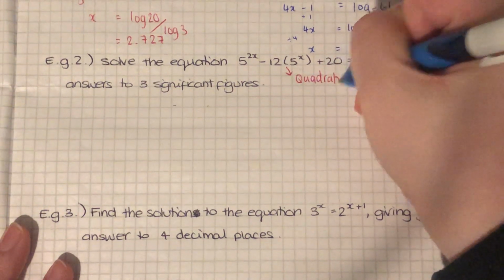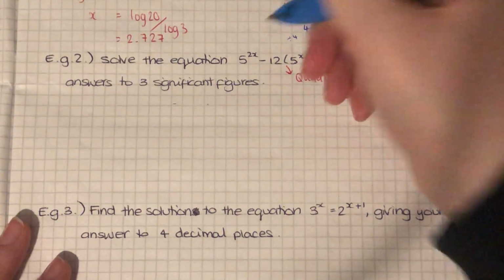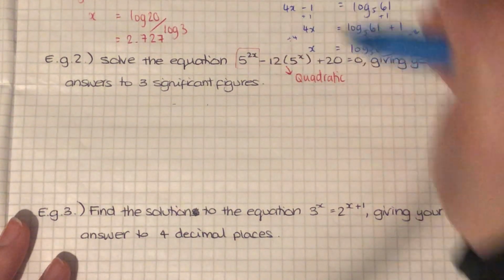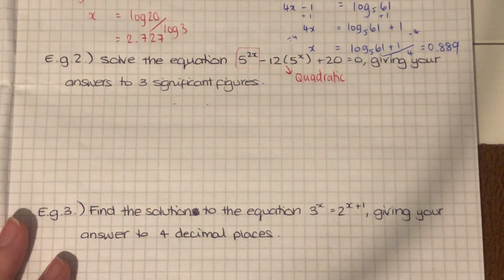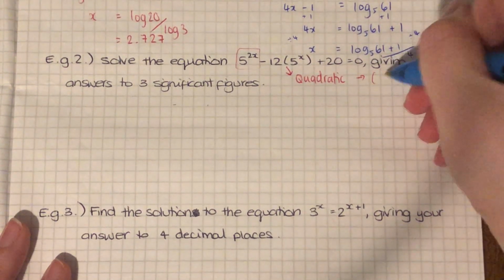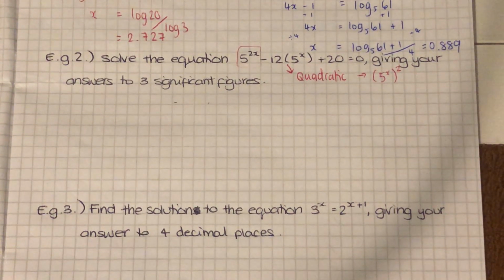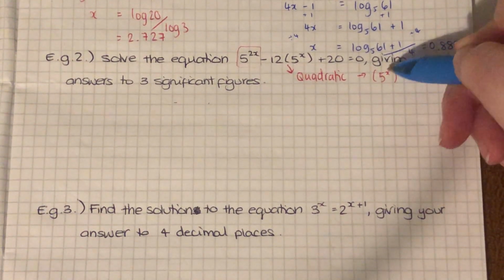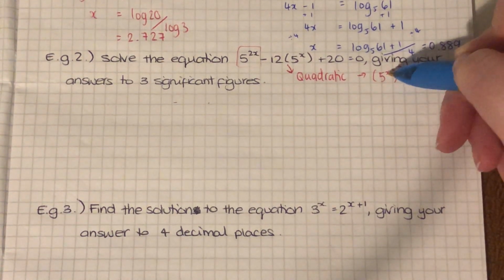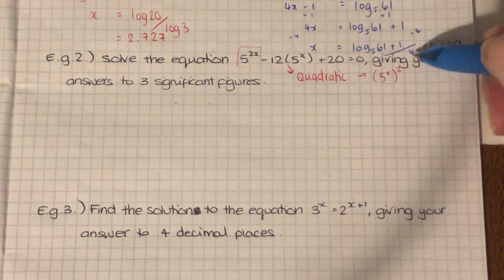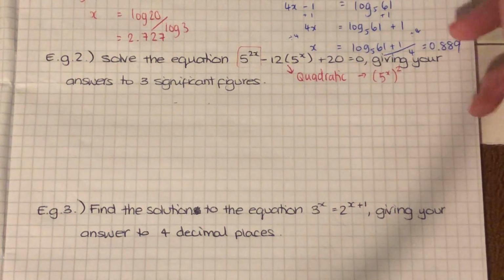The reason how you can tell is because if we look at this 5 to the power of 2x, we can actually write that as 5 to the x, squared, because when you have brackets like that and powers of indices, you then multiply them. So 2 times the x will give you the 2x.